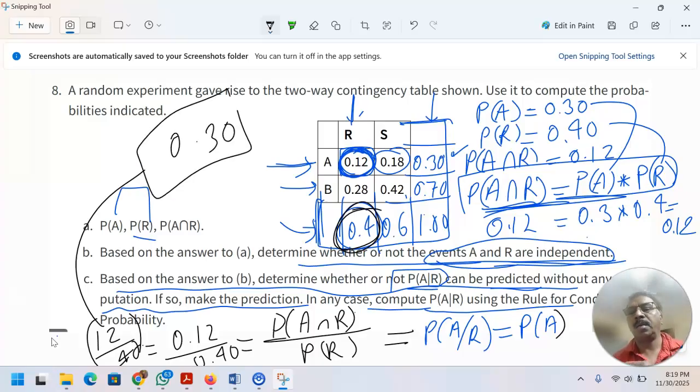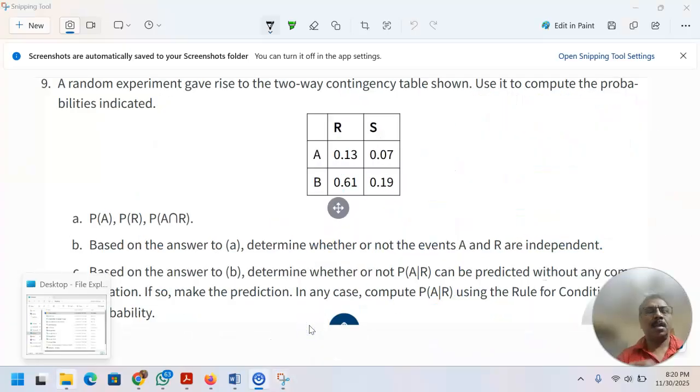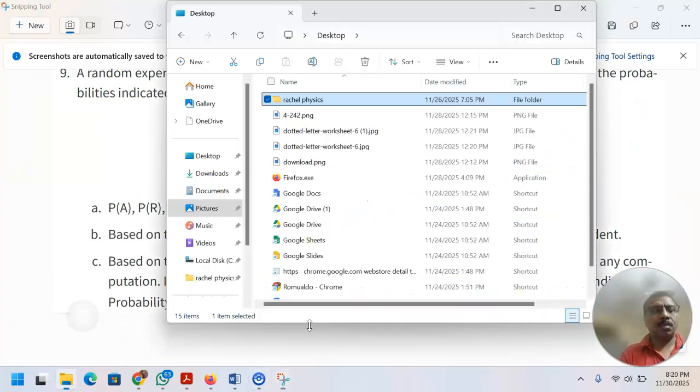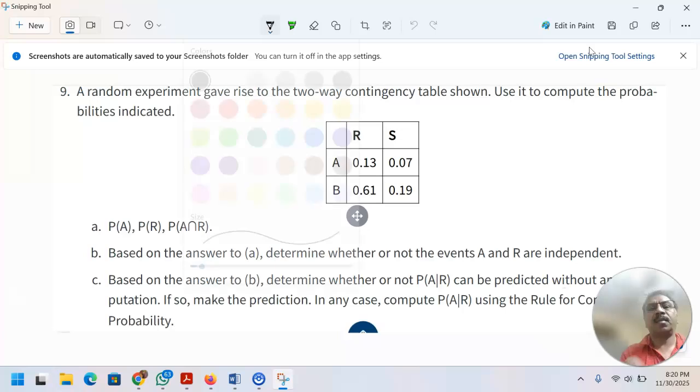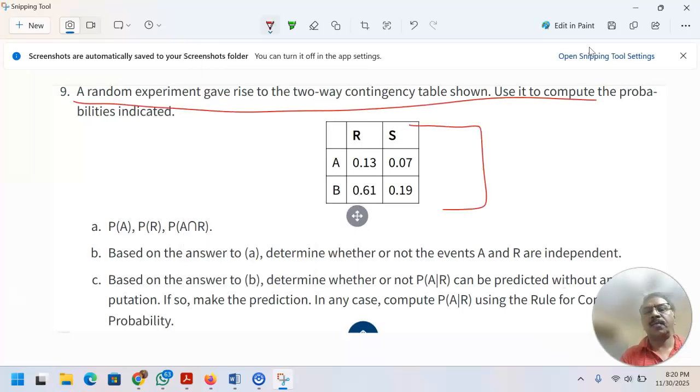And 0.30 is the probability of A. Problem number 9 is the same as the one that we saw, the same idea: just find the total like this, then find A and R, and then check. Same thing you do, and find out whether they are independent or not.